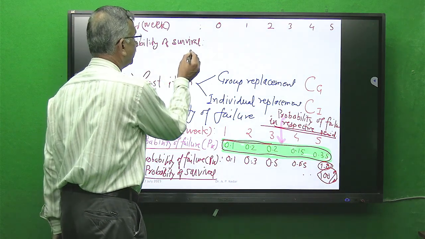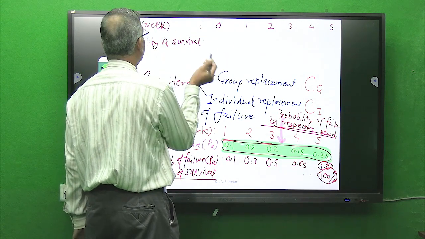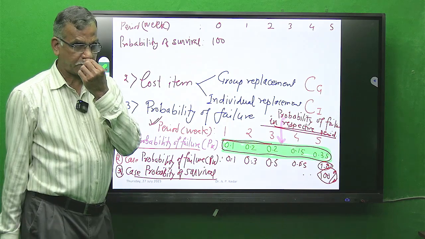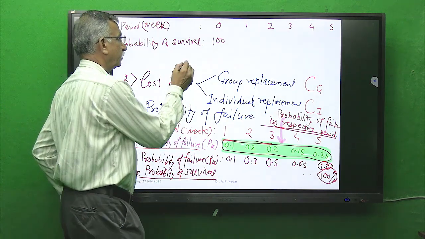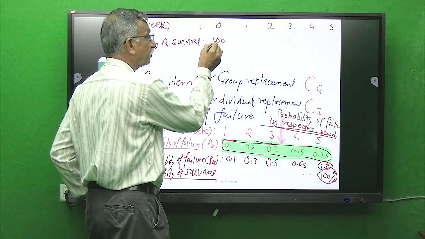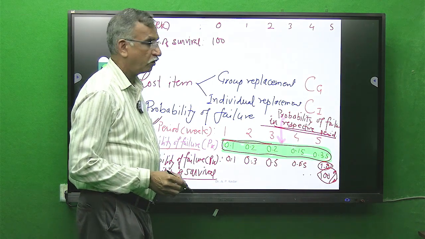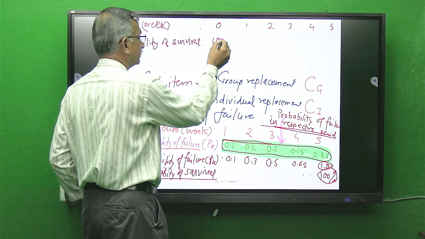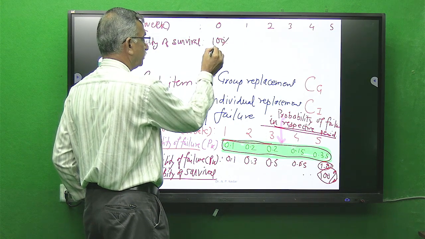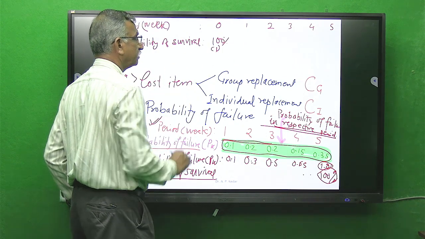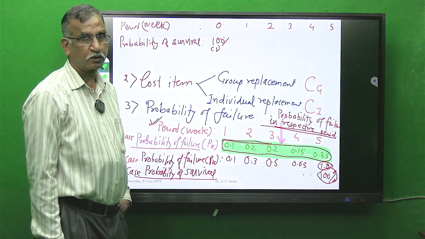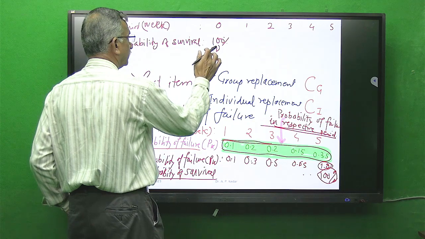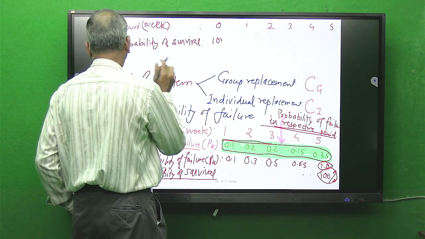Similarly, probability of survival of any component in the beginning is 100. I am saying percentage; in decimal it is 1. Clear?